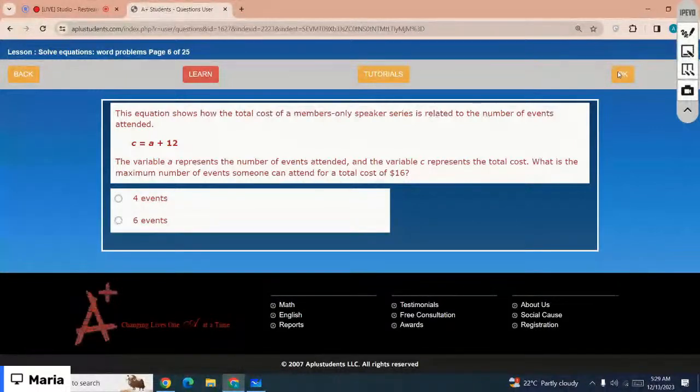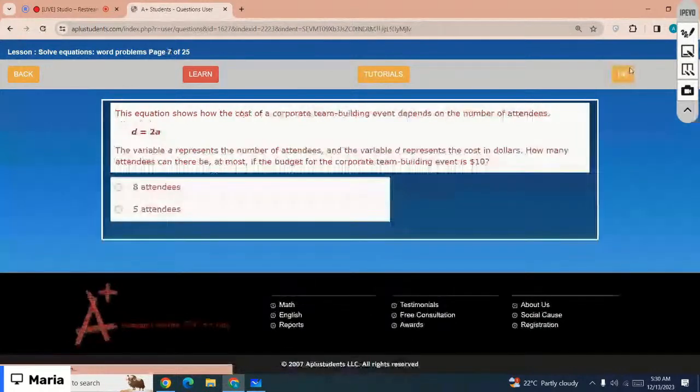If you have the cost is 16, four events, 16. Yes, the correct option is four events. Very good.